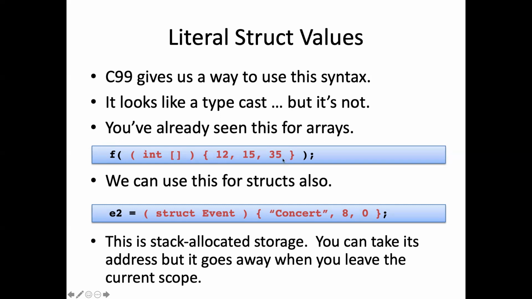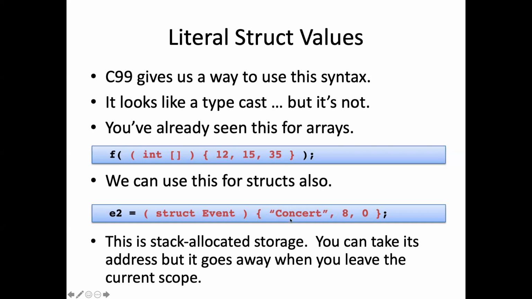The compiler can tell you want an array of ints because you had to say that in the type here. This makes an array with these 3 values in it, and it evaluates to a pointer to that array. So this allocates the array on the stack. It just evaluates to a pointer to that array. There's a similar syntax for structs, and that's the new thing we're seeing here.